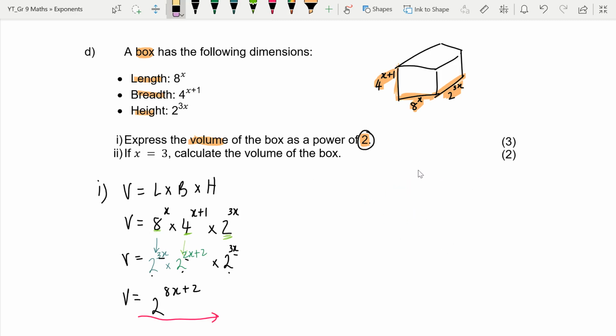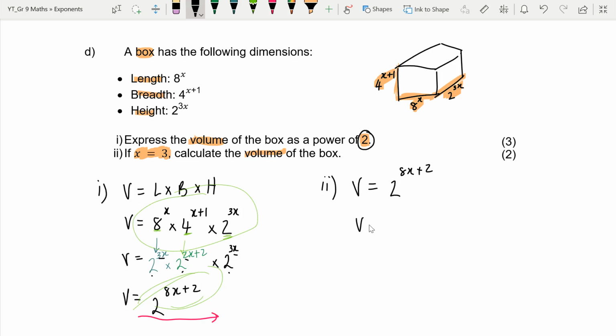So now in the next question, they're saying, if x is 3 for this specific box, calculate the volume of the box. So let's take the volume of the box. We can just use this one because that is the formula for the volume of the box. Would we get the same answer if we use this one? And if we use that one, absolutely.